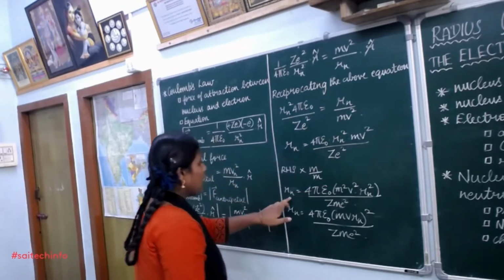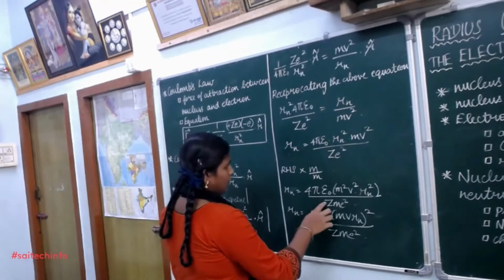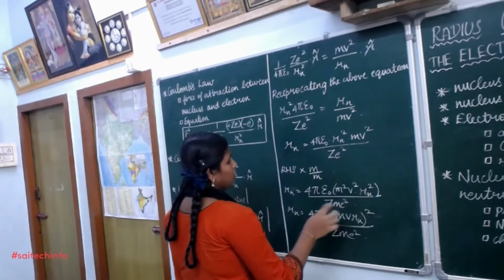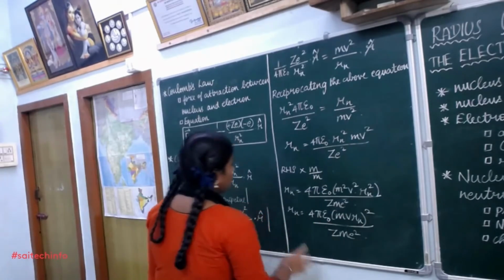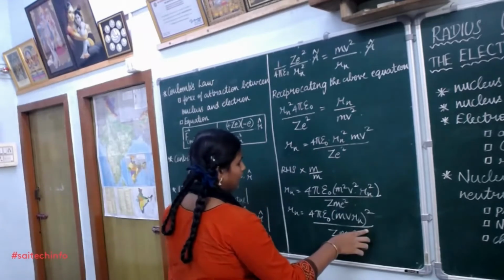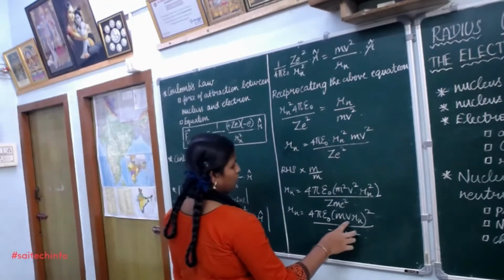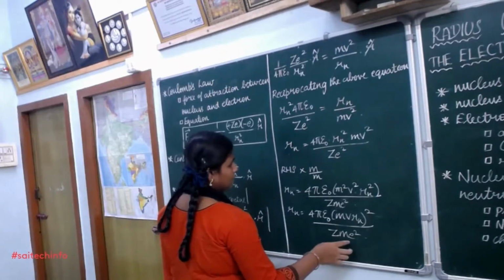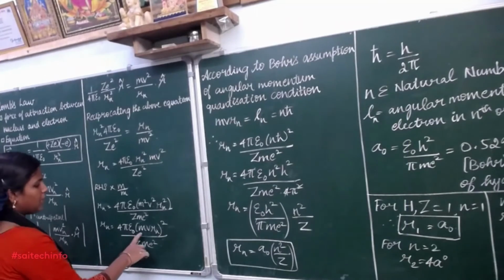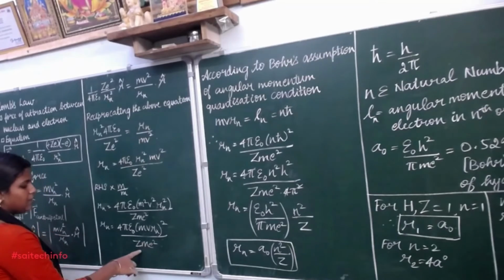So Rn is equal to 4 pi epsilon naught, Rn square, then we multiply m square v square, divided by Z m v square. We can write this as 4 pi epsilon naught, m v Rn the whole square, divided by Z m e square.